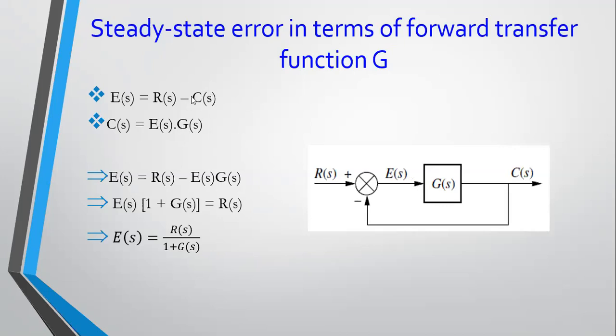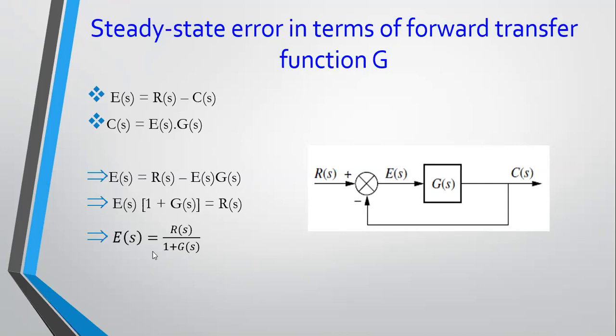Again, the aim is to eliminate C here, so we get a formulation for the error in terms of input R and the configuration of the system, which is G. Here we know that E times G is equal to C. So we replace that here. We get E(s) equal to R(s) minus E(s)G(s). So we group terms, and we're able to find E(s) as equal to R(s) over 1 plus G(s). A very important equation again, which can be derived readily. We'll be using that a lot now.